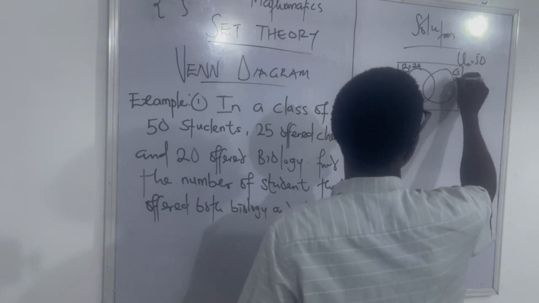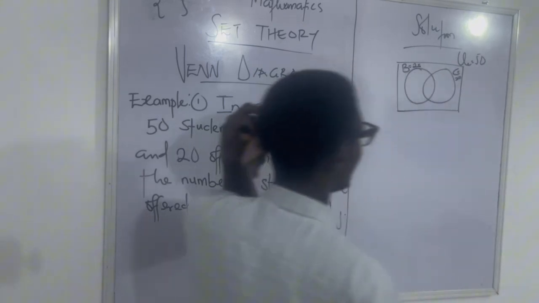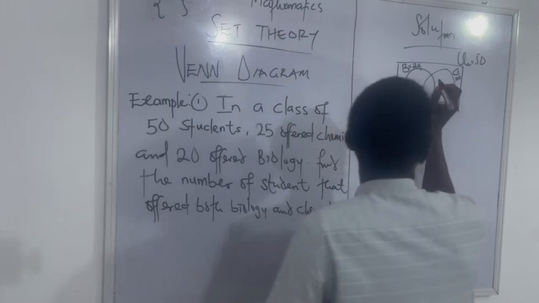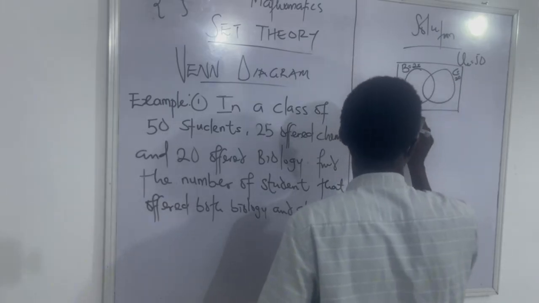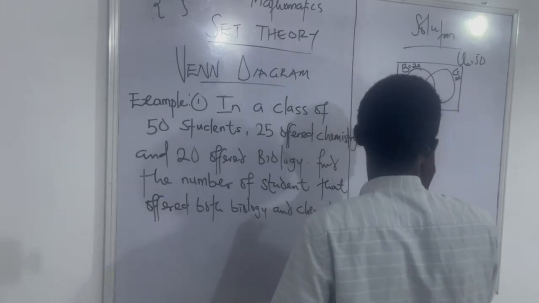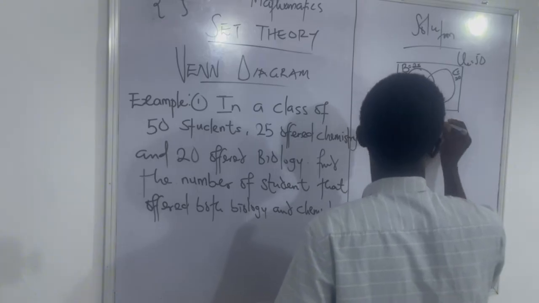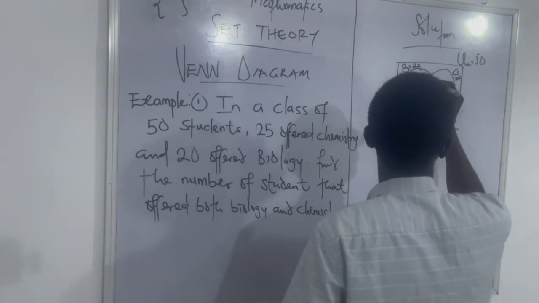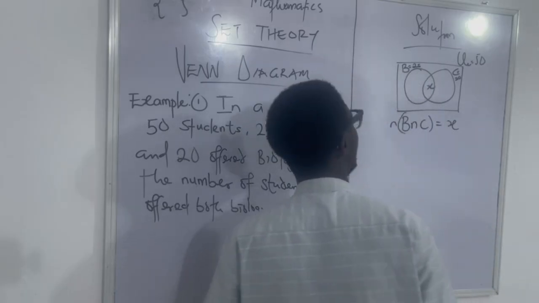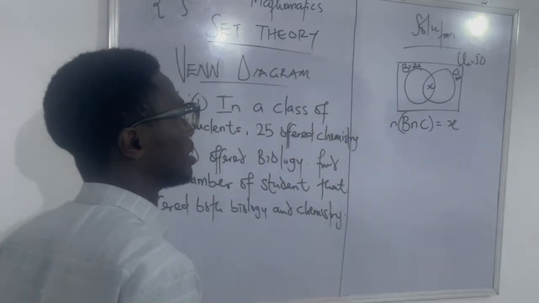Chemistry, the set is 20. Now represent A B intersection C. That's number of students that took both. Let's call it X. So here will be X. Are we together?